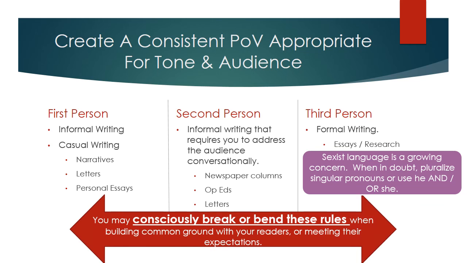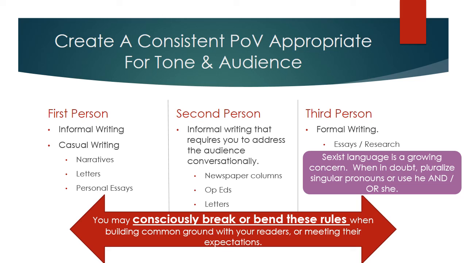Of course, there's always room to break these rules. And we have talked a lot this year about breaking the rules for specific purposes. So when you decide that you're going to cross the line and use a different point of view, you need to be consciously breaking or bending those rules, saying there is a reason, not just, I mistakenly have shifted from first to second or from first to third, but I'm consciously deciding to write this not in first person or not in second person, but in third person, or vice versa, however you try to do it.